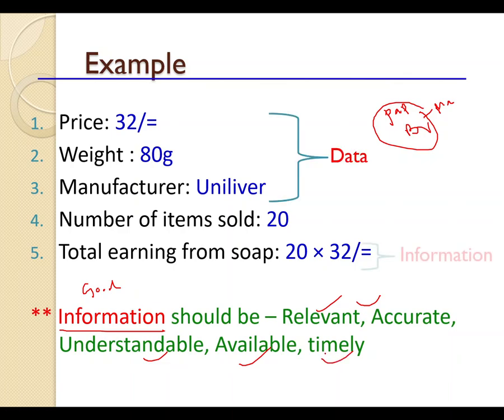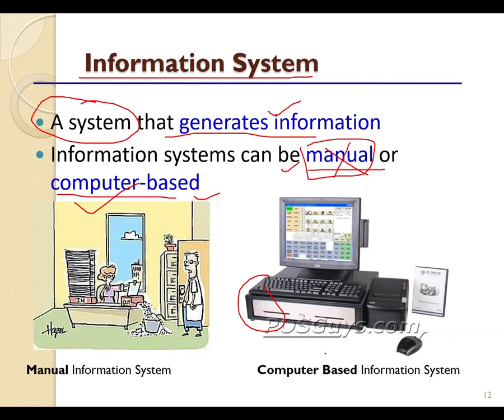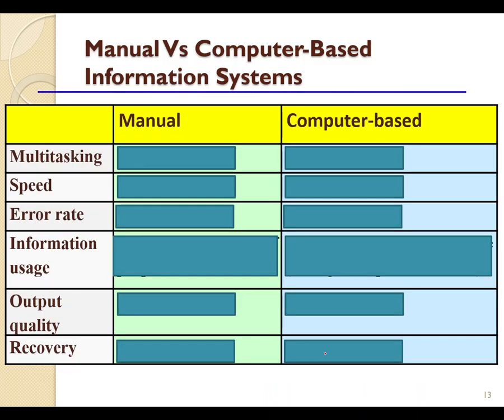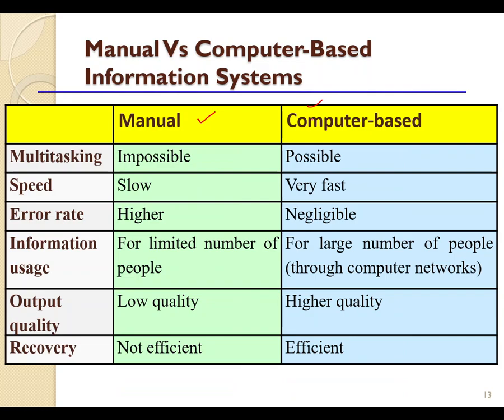Then we confirmed that information can be prepared using computer-based information systems as well as manually. Then when you compare these two, manual and computer, we said computer-based information systems are highly efficient.